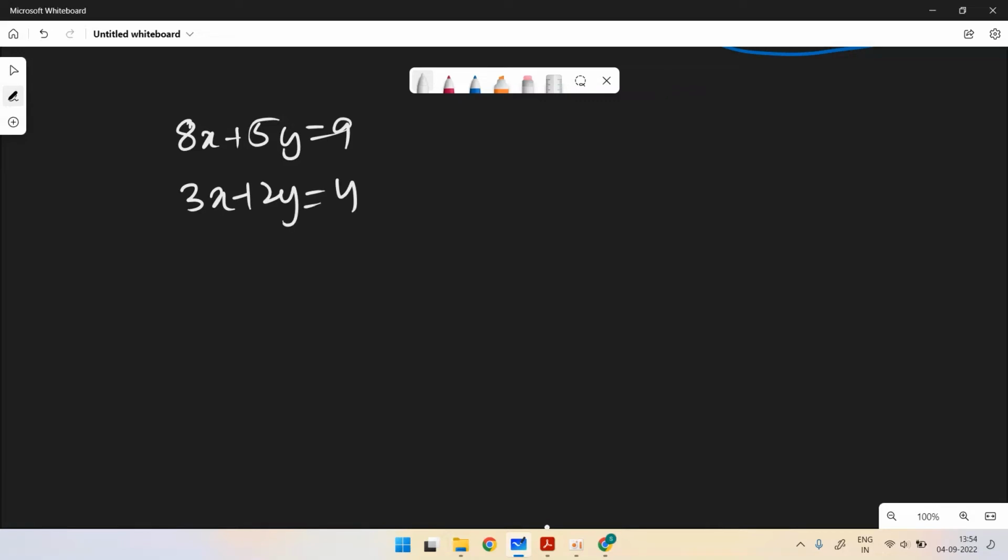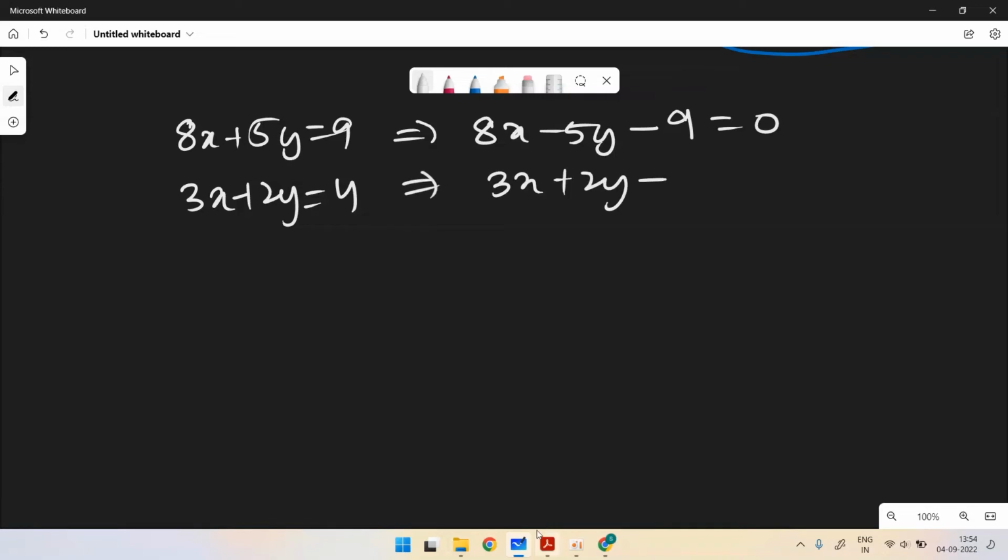We convert into standard form: 8x minus 5y minus 9 equals 0 and 3x plus 2y minus 4 equals 0. Now, this is a1, b1, c1, and this is a2, b2, c2.